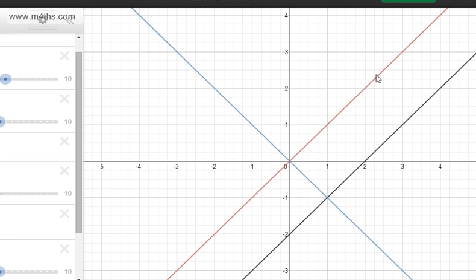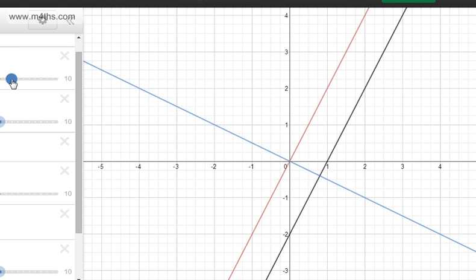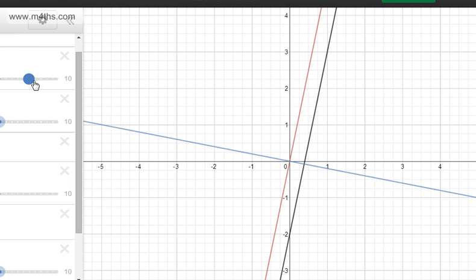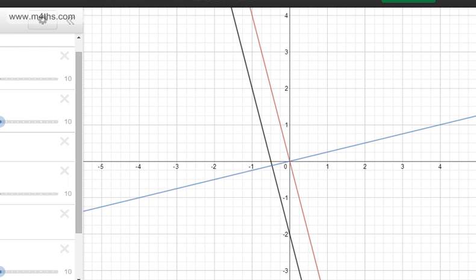This is the line y is equal to x, and this is the line y is equal to negative x. They are perpendicular. Gradient of 1, gradient of negative 1, and they both intersect at that point right here. So if we swap this over, we can see changing the gradients will always give us the same result. So they are perpendicular lines.